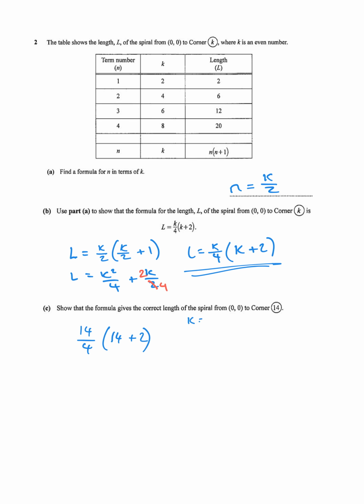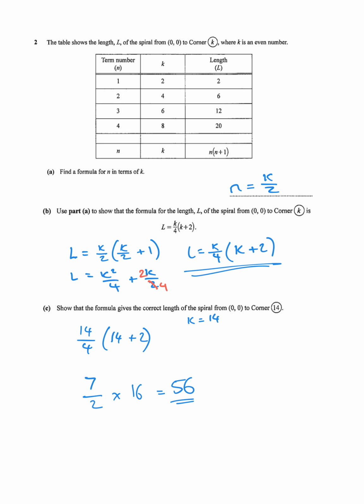I might just write here k equals 14. It's quite nice to add that communication. You never know where that communication mark might be on offer, and it might help me. So k equals 14. So 14 over 4, we get 7 over 2, times 16, which is going to be 8 times 7 equals 56.